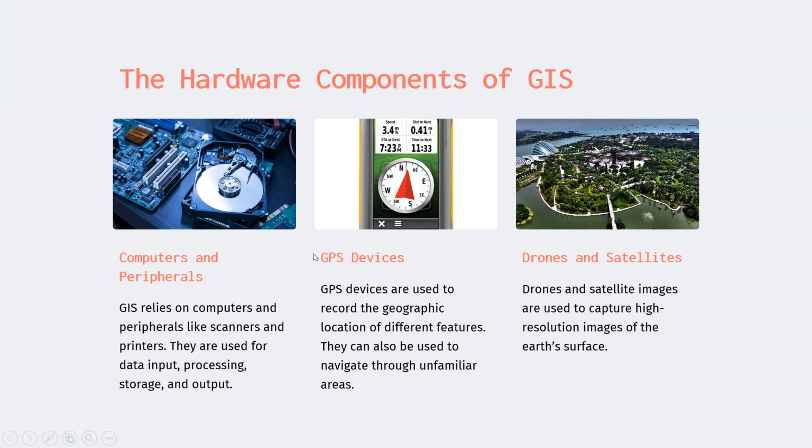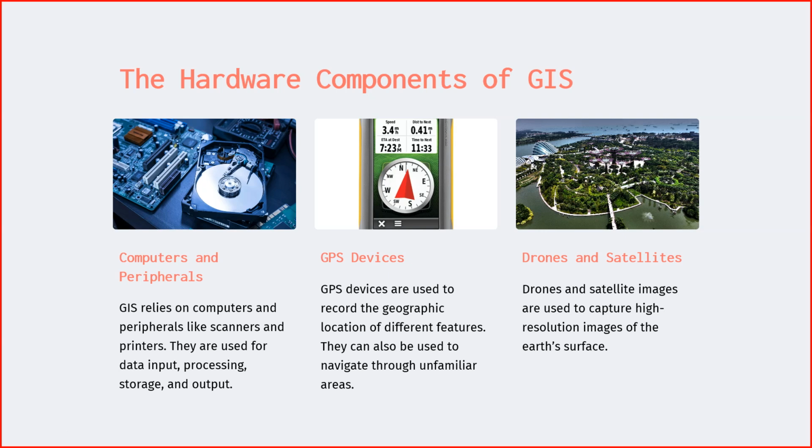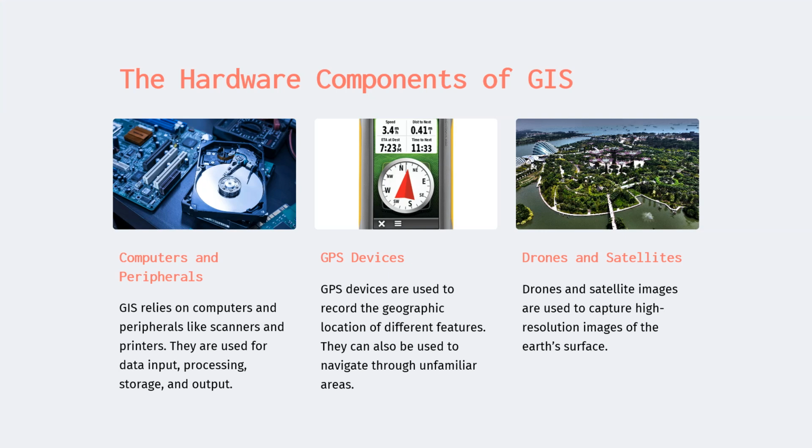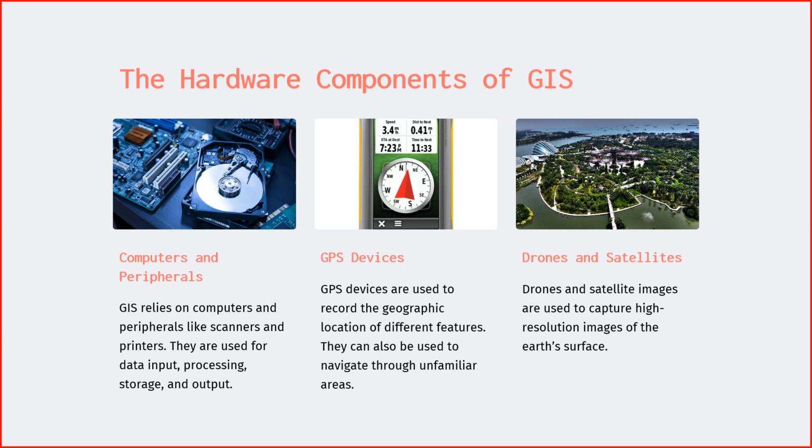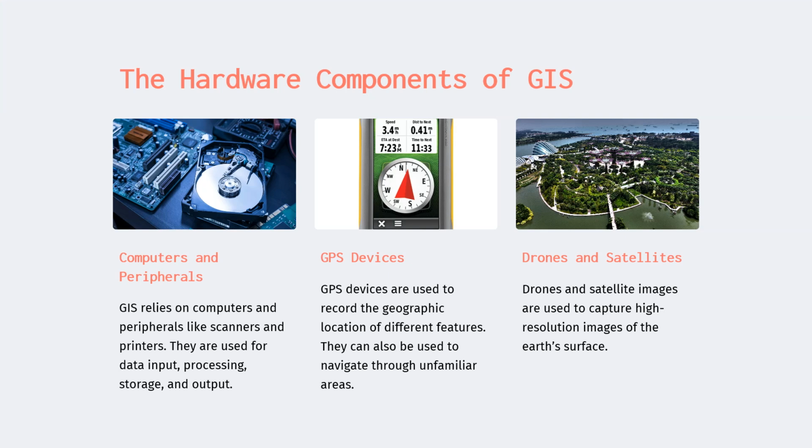Now comes the GPS, global positioning system, and there are two kinds. One is the handheld GPS. Their accuracy level is a little less because it depends on weather or satellite and all. So plus or minus, it depends, about 10 meters or 20 meters accuracy over there.